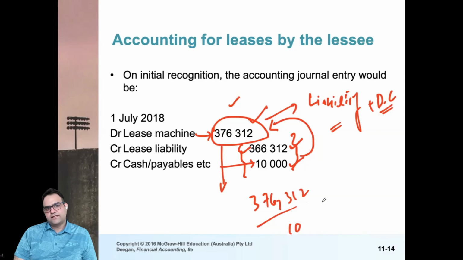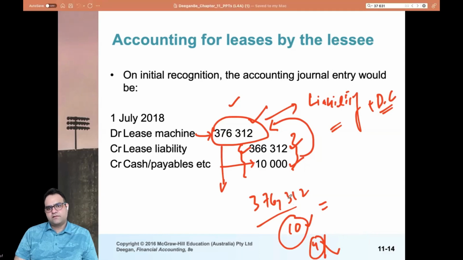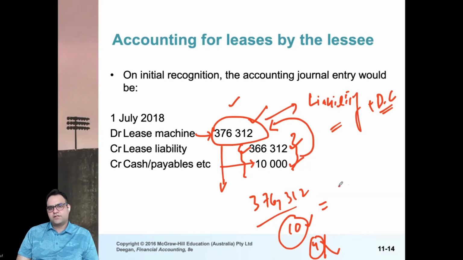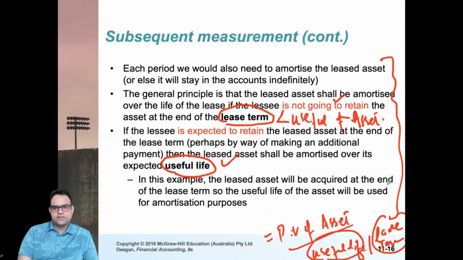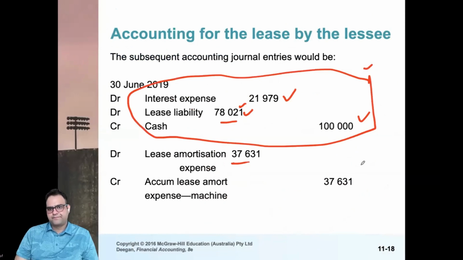The useful life of the asset is 10 years. Why we are dividing by the useful life, not by the 4, which is the lease term, is because in this contract, the lease asset does not have to be returned to the lessor. So the amortization for this asset will be 37,631, which is given here.